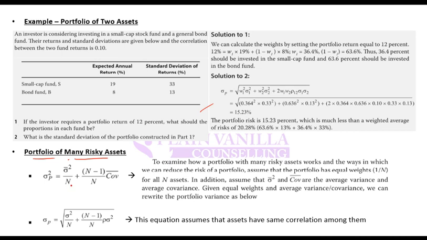For example, if you are given the average covariance of assets and the average variance of assets, let's say there are 10 stocks or 10 assets in a portfolio, you can calculate variance of portfolio using this formula: average variance divided by n, plus n minus 1 divided by n into average covariance.